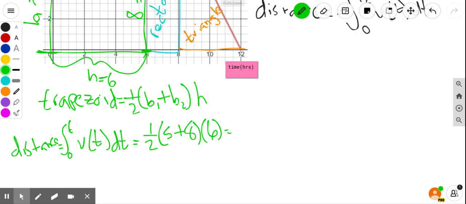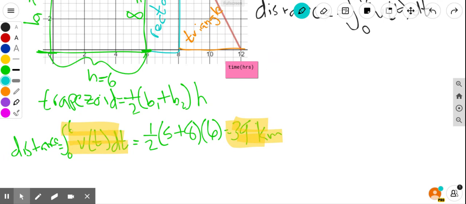And doing those calculations in my head gets me 39 kilometers, right? Because if I multiply the units, kilometers per hour by hours, I just get kilometers. So I know that from 0 to 6, that's 39 kilometers so far. Okay, so keep it going.